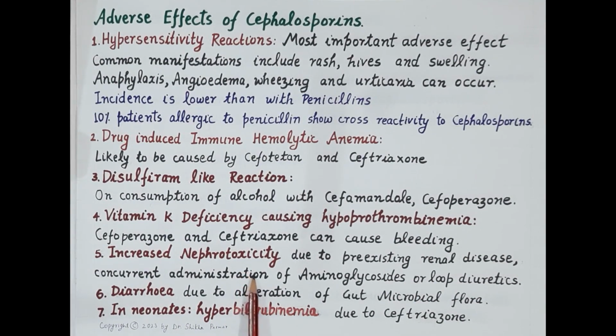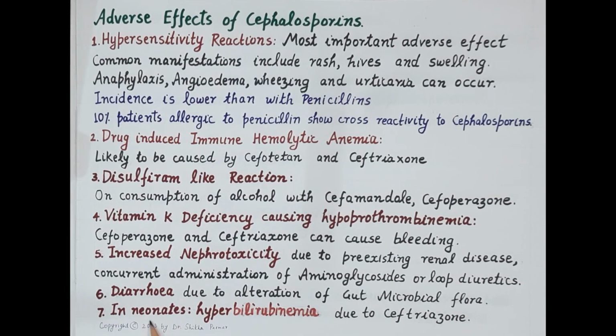Now, some cephalosporins have low-grade nephrotoxicity, which can be increased due to pre-existing renal disease, or due to concurrent administration of aminoglycosides or loop diuretics. Cephalosporins, as we know, are broad-spectrum antibiotics, and they can cause diarrhea due to alteration of healthy gut microbial flora.